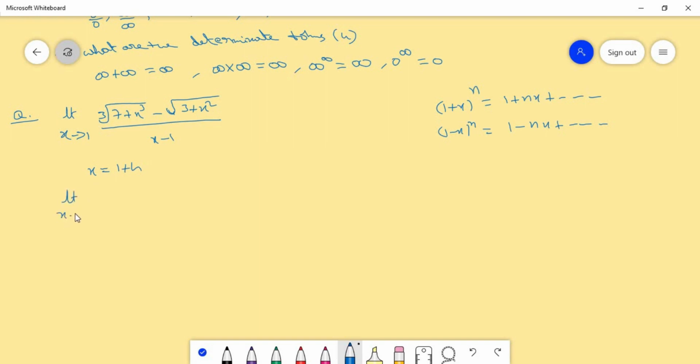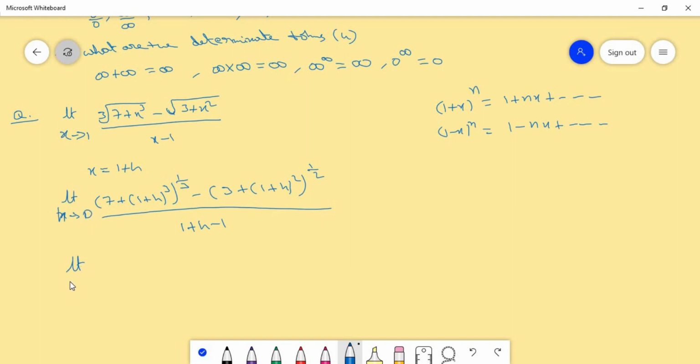Limit x tends to 1, (7 plus (1 plus h) whole power 3) whole power 1 by 3 minus (3 plus (1 plus h) whole square) whole power 1 by 2, whole divided by 1 plus h minus 1. Here we will take h tends to 0.